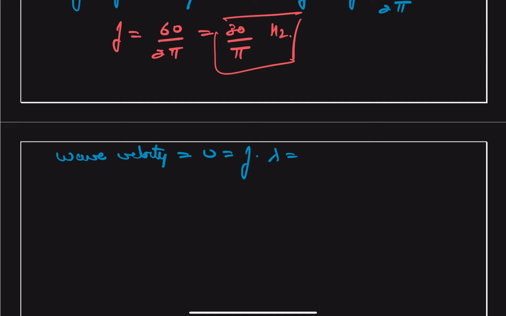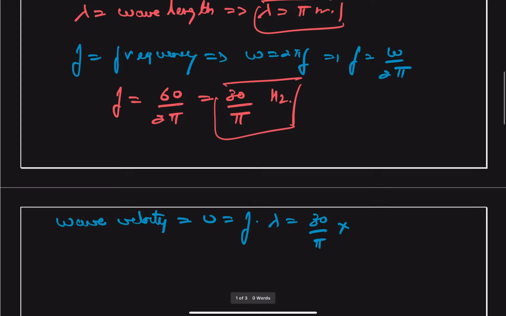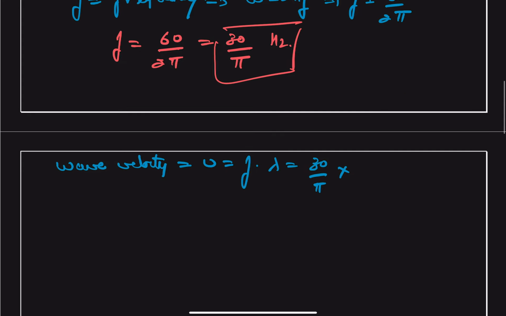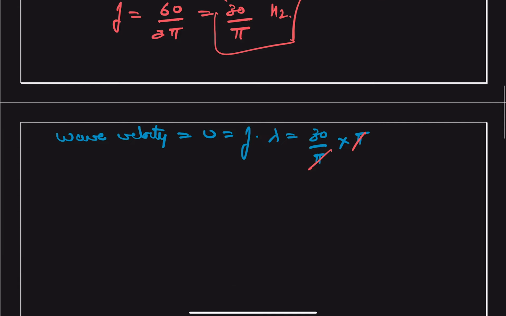We substitute the values: frequency is 30 upon pi, and lambda we found is pi. So pi and pi cancel out, and we get v equal to 30 meters per second.